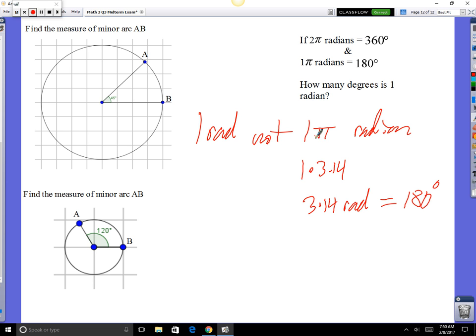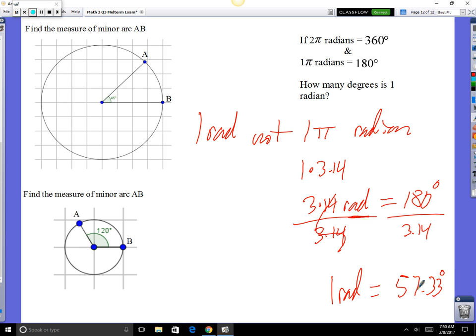So if we don't do it in terms of pi, if we just do it in terms of radians, it's really like 3.14 radians. So if I divide this side by 3.14, that will give me exactly 1 radian. But I have to divide this side by 3.14 too, so if we do 180 divided by 3.14, we will get 57.33 degrees.